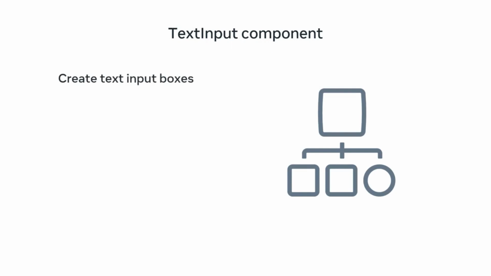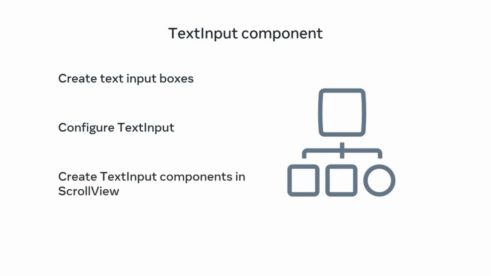This component is for adding text input boxes to a React Native app, but also features some powerful built-in customization options. By reaching the end of this lesson, you are now able to understand that TextInput produces text input boxes that accept input from a device's virtual keyboard, configure a TextInput component to capture user input and store it as local state, and create a page containing several TextInput components within a ScrollView component.